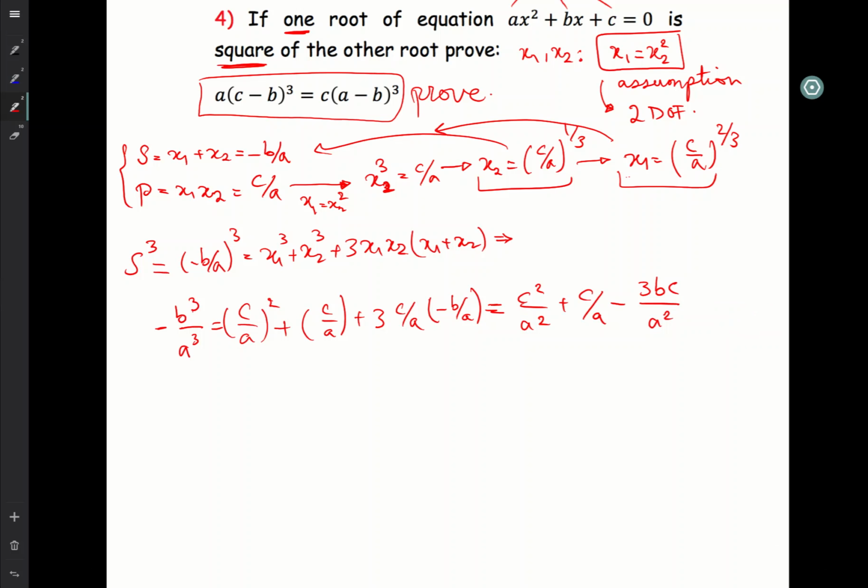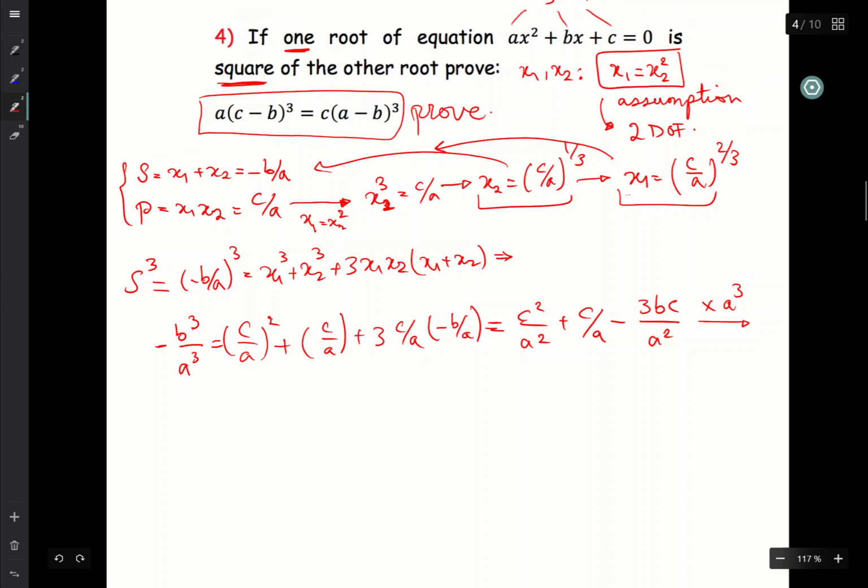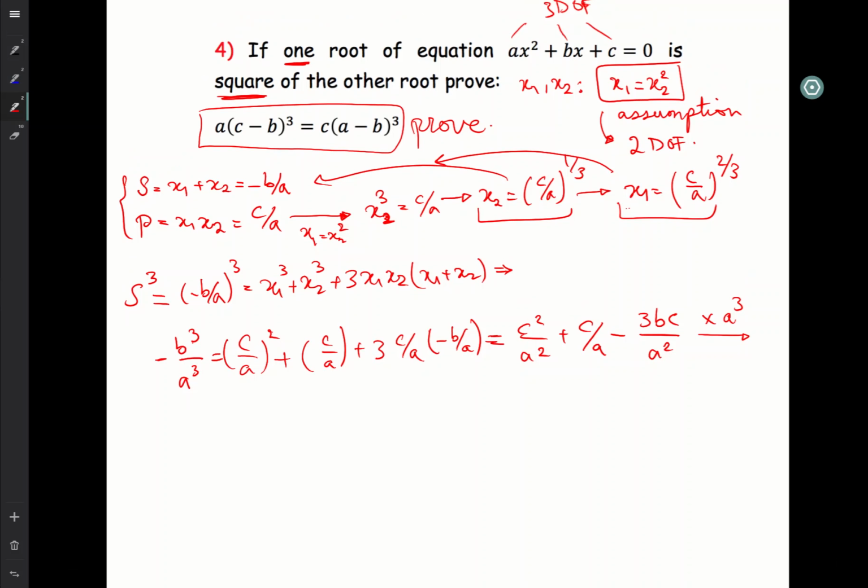Alright, let's multiply by maybe a cubed minus b cubed is, okay, let's see, c squared, 3bc, and what I'm trying to see is how to make this in the format that the problem is asking.